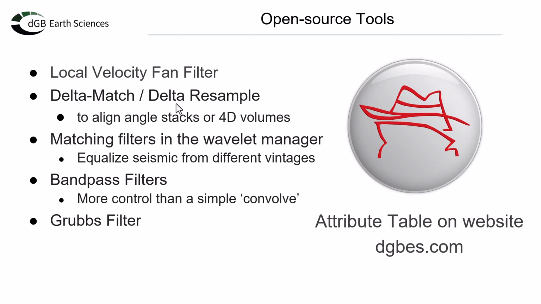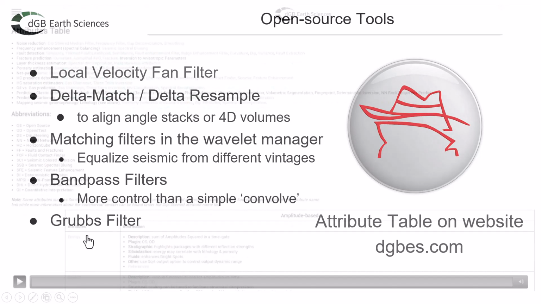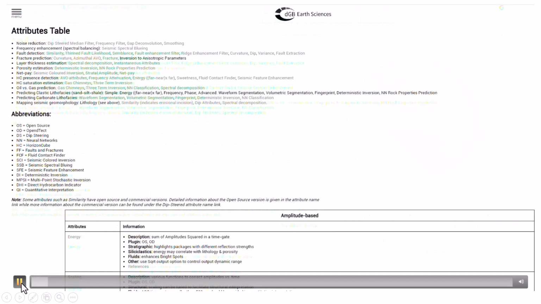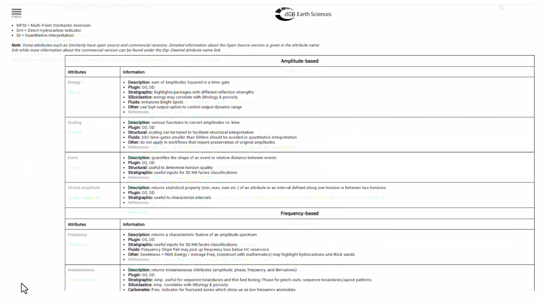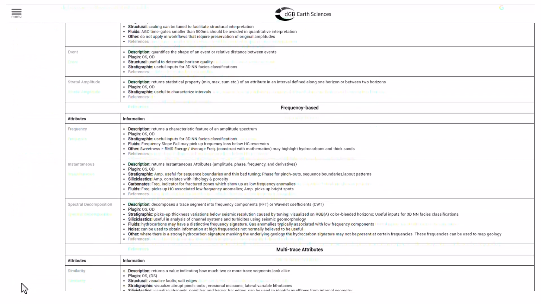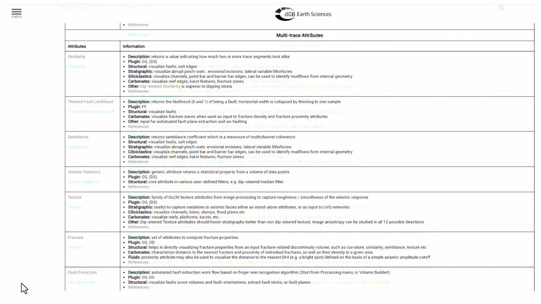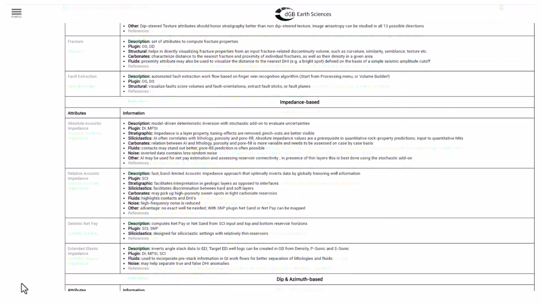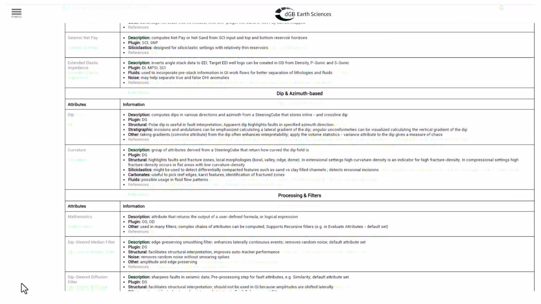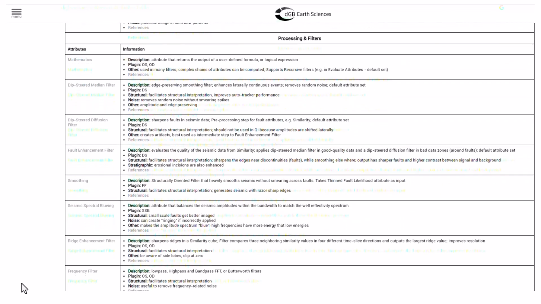To take a look at all of these attributes that we offer, I would encourage you to visit the web page and browse to our attribute table. This attribute table offers a list of all attributes that are available in OpendTect. They are sorted by being amplitude-based, frequency-based, multi-trace attributes, impedance-based, dip and azimuth-based, processing and filters.